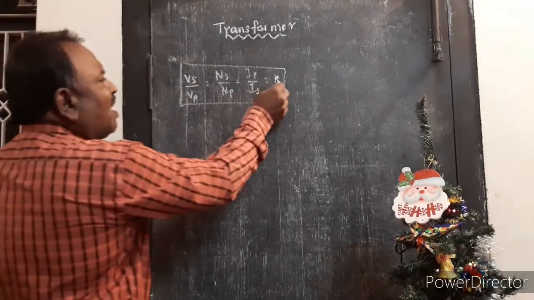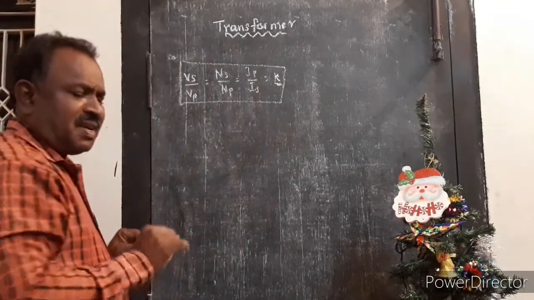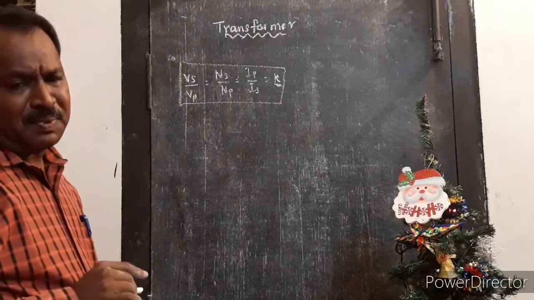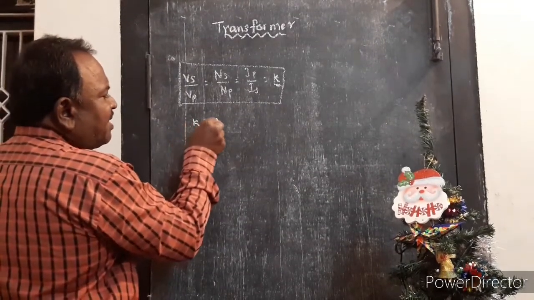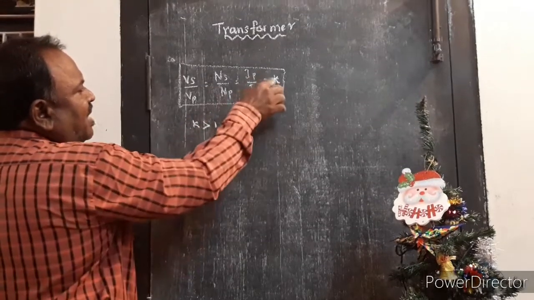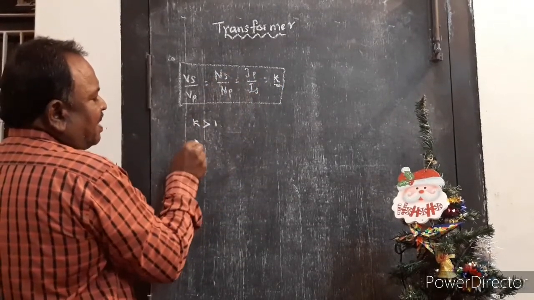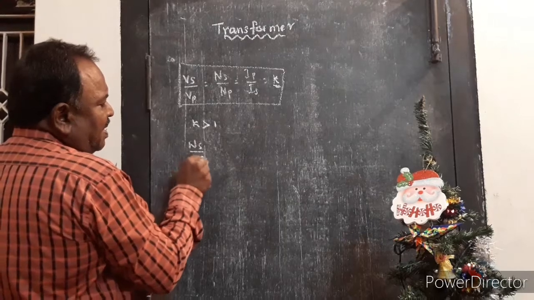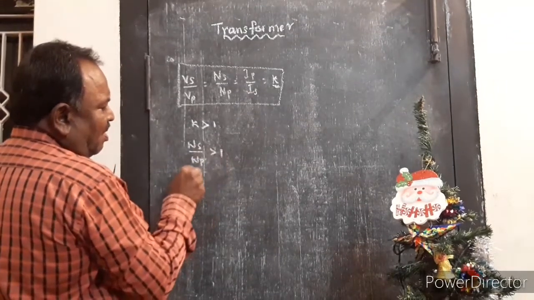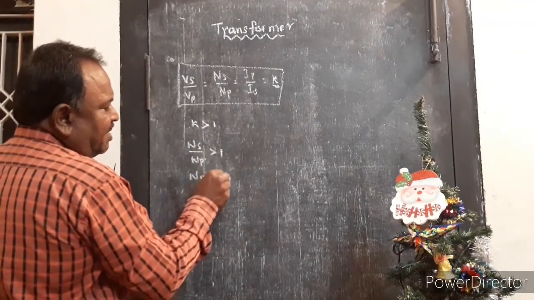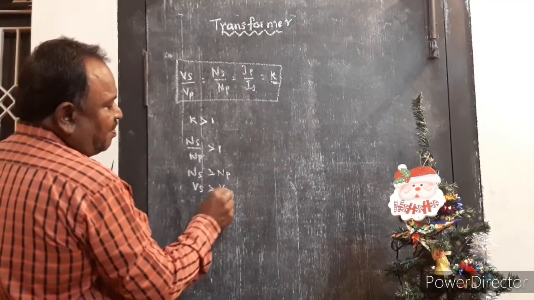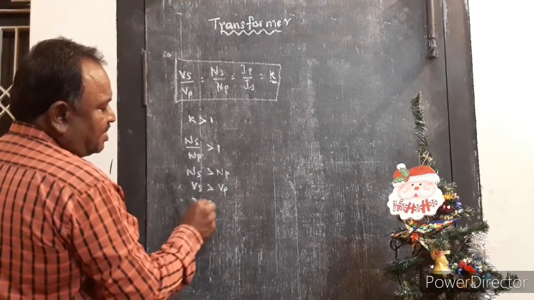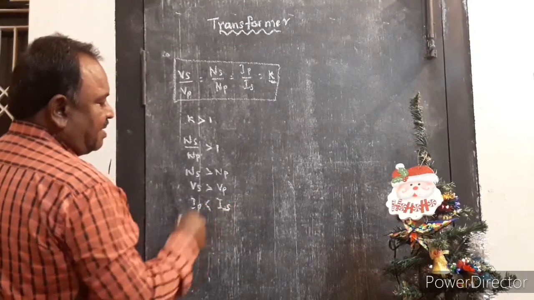So depending upon the value of K, we can classify transformers into two types. When K is greater than 1, Ns/Np is greater than 1, or Ns is greater than Np, or Vs is greater than Vp, or Ip is less than Is.